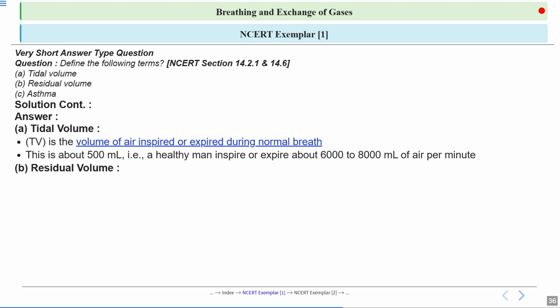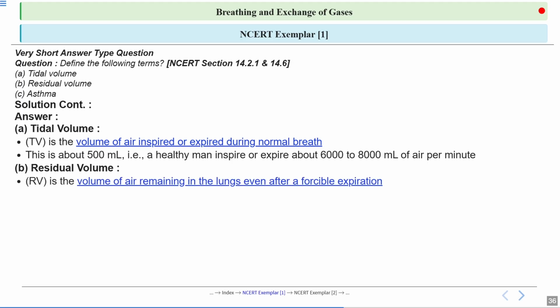Residual volume. This is the volume of air remaining in the lungs even after forcible expiration. So when you apply force to take out all the air present in the lung, there is still some air left in the lungs.